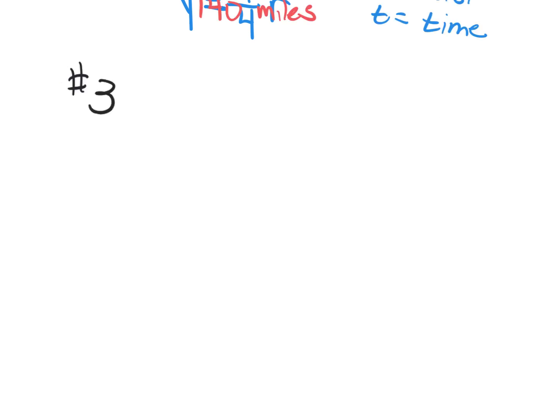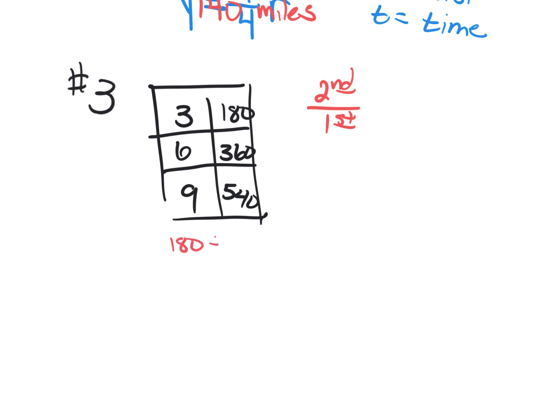All right, number 3 is just going to give you a chart and ask if the chart makes a proportional relationship. So remember, we need to find the constant of proportionality. Just like number 1, we're going to go second column divided by first column. On this first part, we go 180 divided by 3, and we get 60.